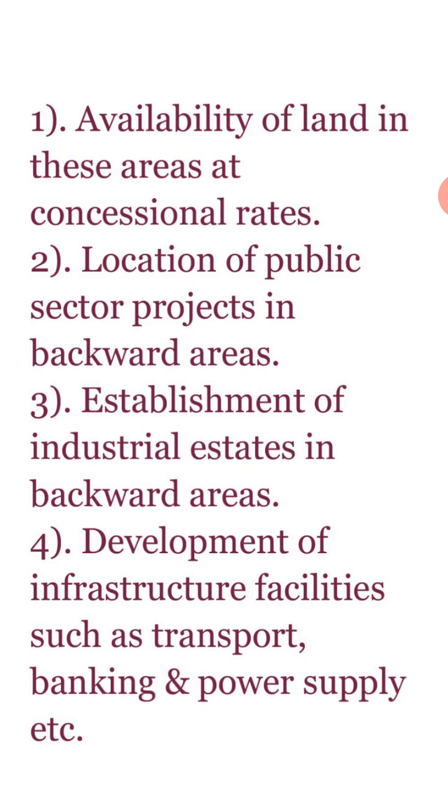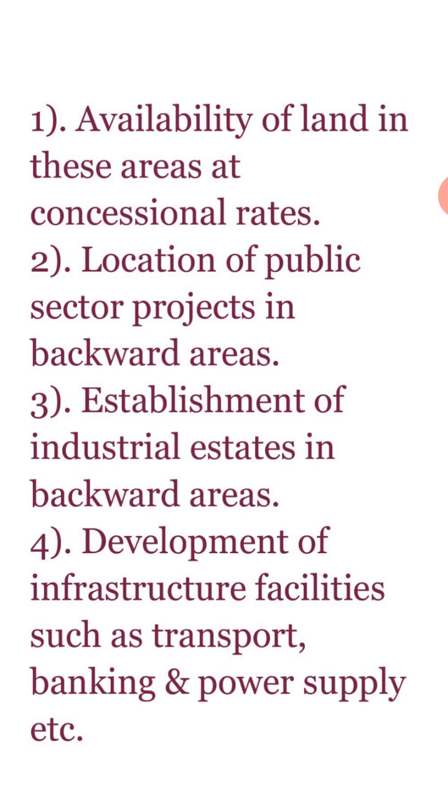And what are these benefits or incentives? See, the first one, availability of land in these areas at concessional rate. Land is provided for setting up small businesses at a very concessional rate. Second, location of public sector projects in the backward area. Public sector projects are the projects that are controlled and financed either by the state government or by the central government.